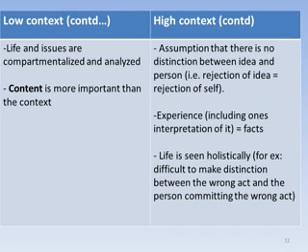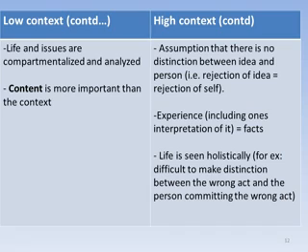Other differences are that the high context cultural person would assume that there's no distinction between the idea and the person. Therefore, if an idea is rejected, it's a rejection of that person as well. An experience includes one's interpretation of it, not just the facts, but how they interpret those facts.